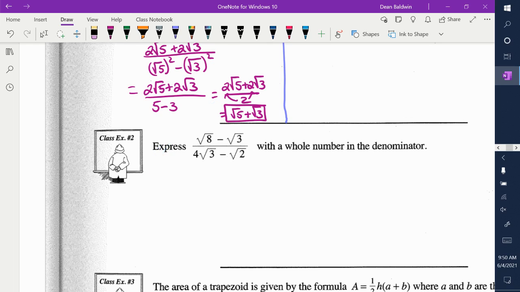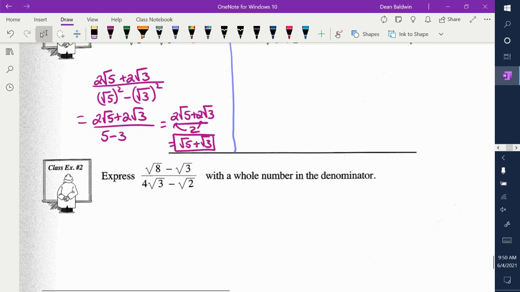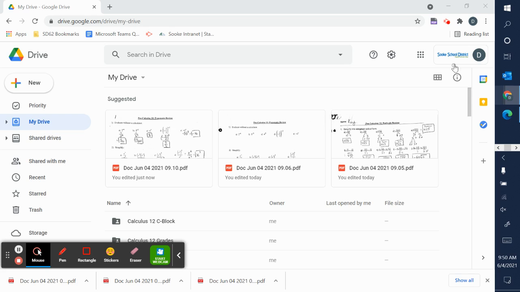But in an actual job, nobody's ever going to ask you to do this. The understanding is important. Do you mean the understanding of how I got root 5, root 3? What do you mean? I don't understand what you mean by the whole thing. Like the idea of operations on square roots as a whole. Okay, so.